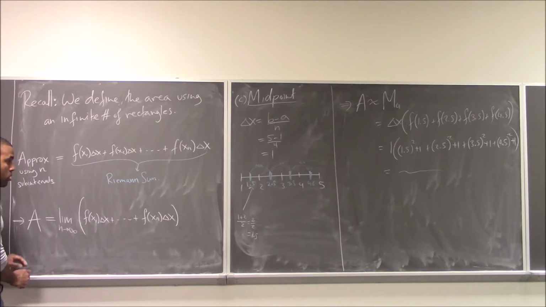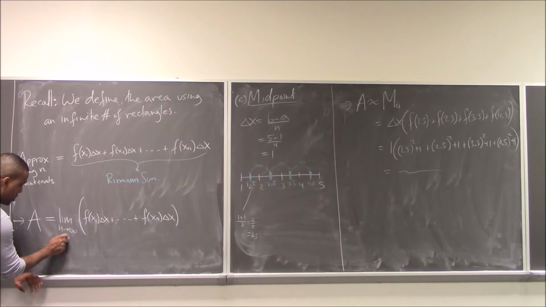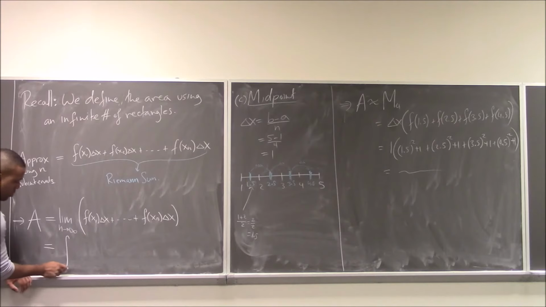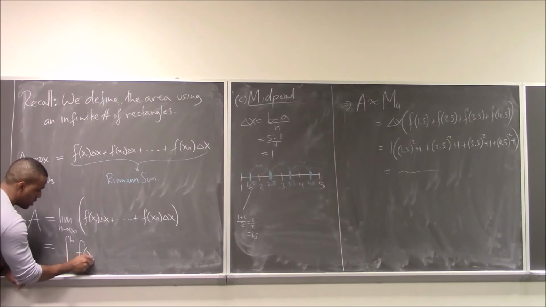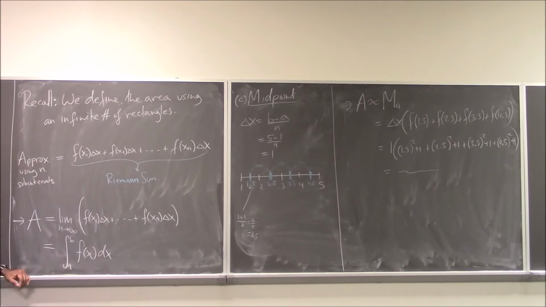And this, by the way, has a notation. So here's the notation that we use. We use an S, an elongated S for sum. We put the endpoints of our intervals on this from A to B, and we write the function that we're using, f of x dx.